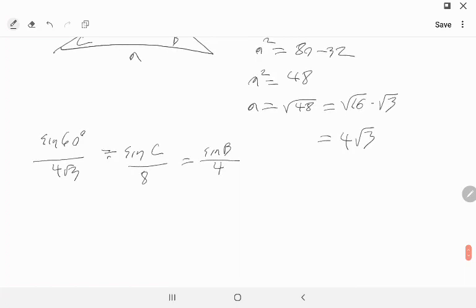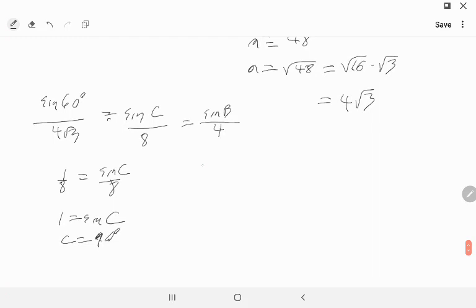And so we notice that sine of 60 is radical 3 divided by 2, so we're going to turn out to get 1/8 equals sine C divided by 8, and so that means 1 equals sine C, and so that means that C has to be 90 degrees.